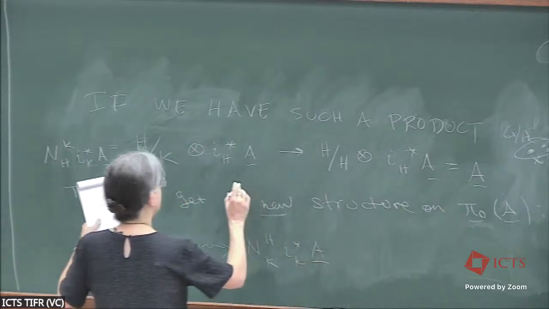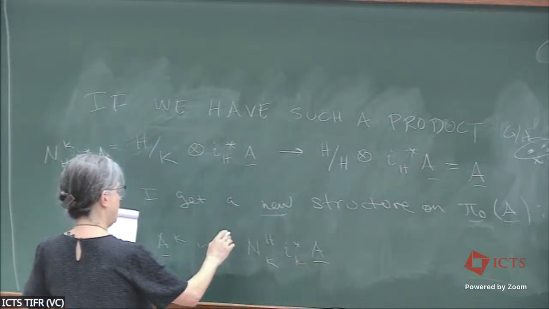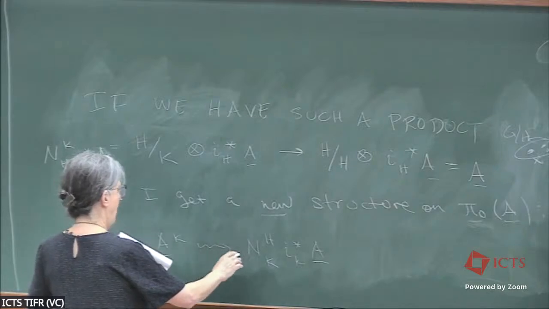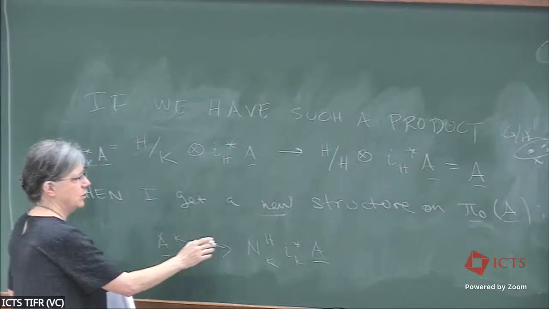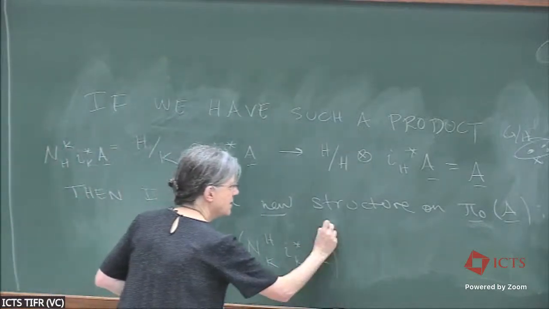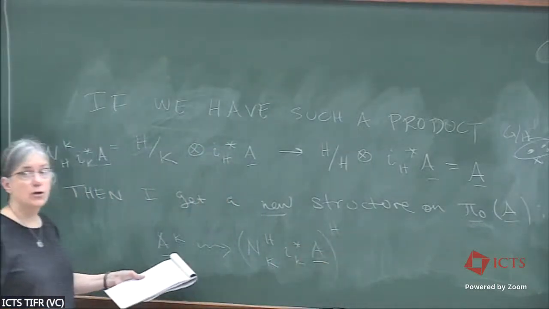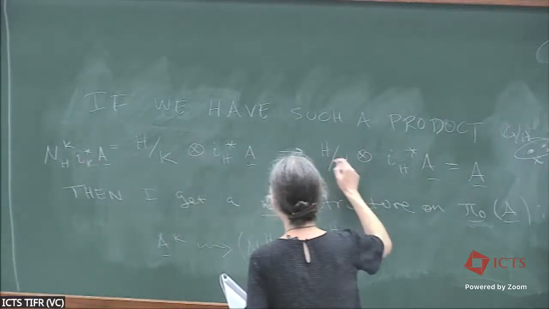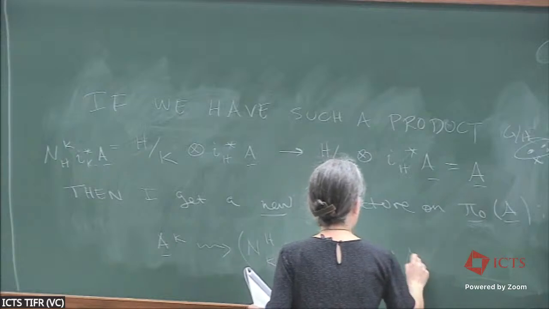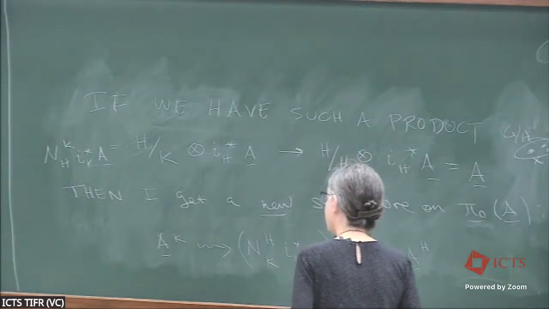So I have this. And as we talked about, if you start with something in A that's fixed, when you take the norm, you're going to get something that's fixed under H. But then you can apply this thing and end up in A_H.